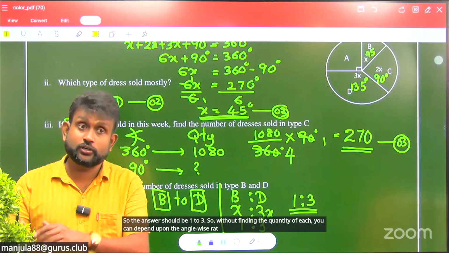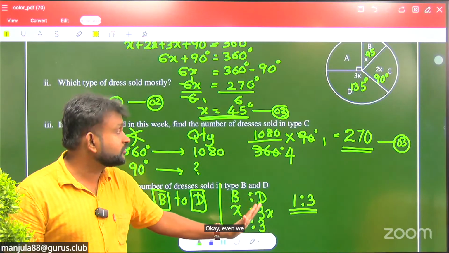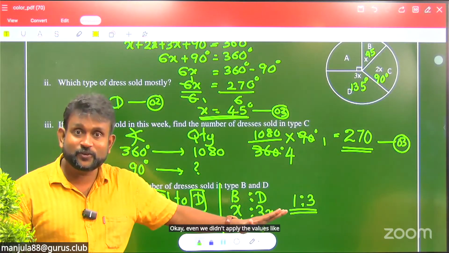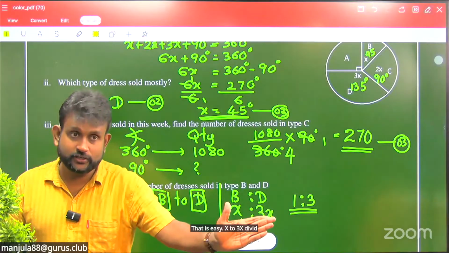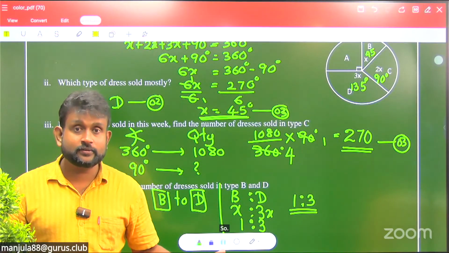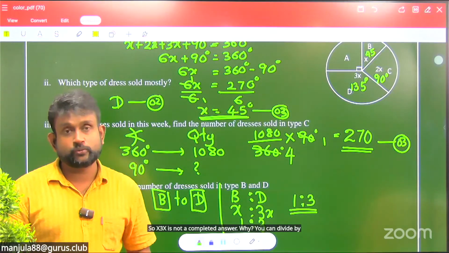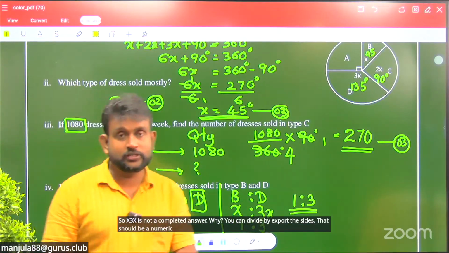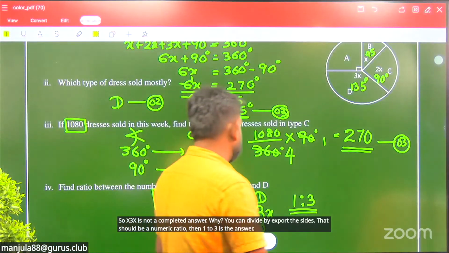The angle-wise ratio is equal to the quantity-wise ratio. We didn't even apply the values like 45 to 135. x to 3x is not a completed answer; you divide both sides by x, and it should be a numeric ratio. Then 1 to 3 is the answer. So you have 2 marks there.